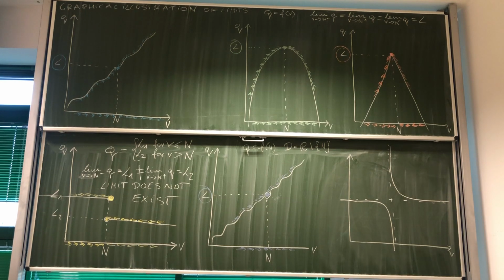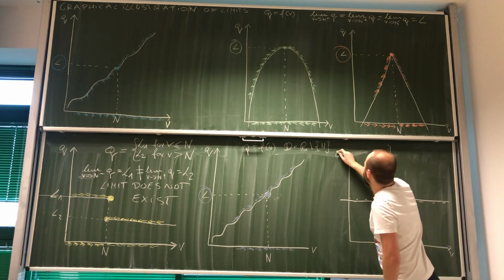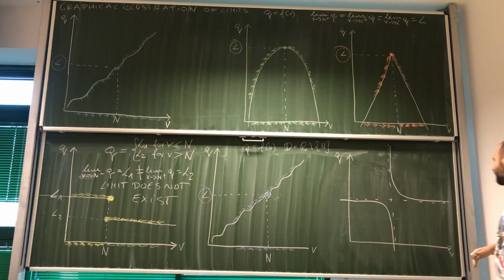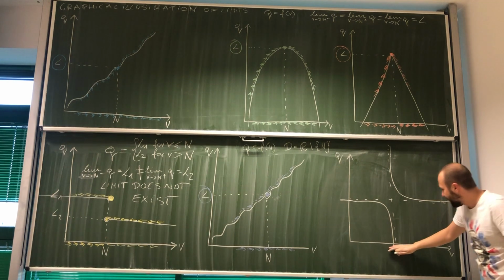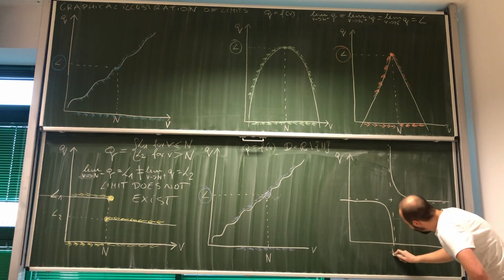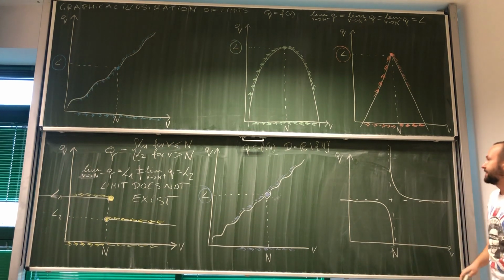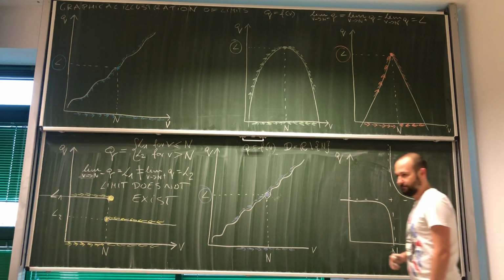Did we see this function somewhere? Yeah, of course. This is a reciprocal function that was moved up and to the right. Okay, and again, let's say that we want to evaluate the limit of this function at n.